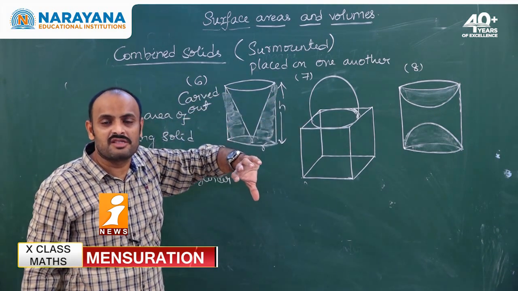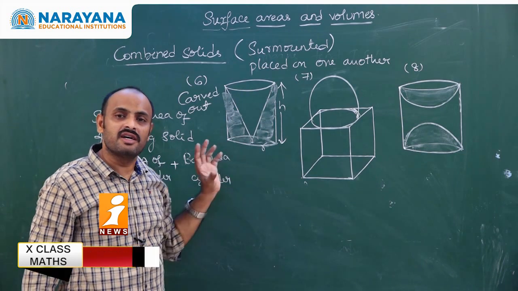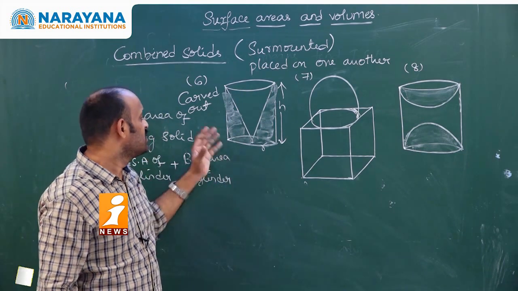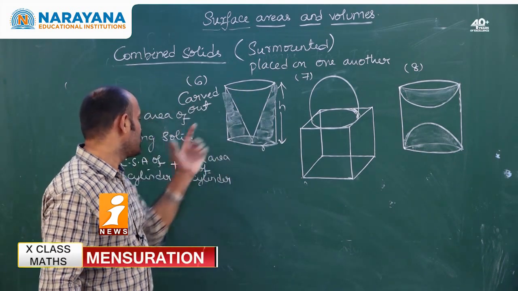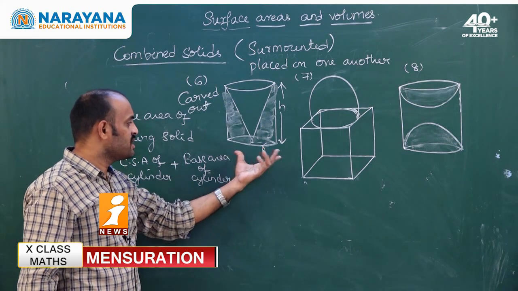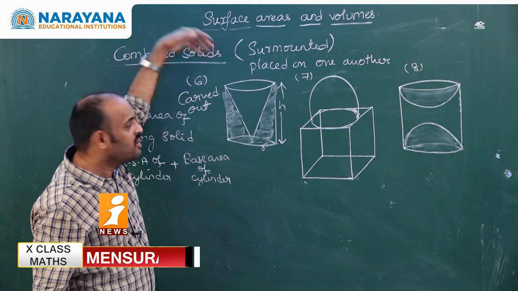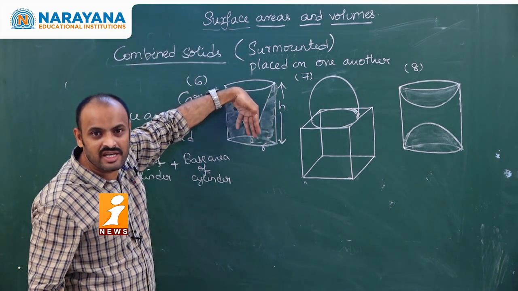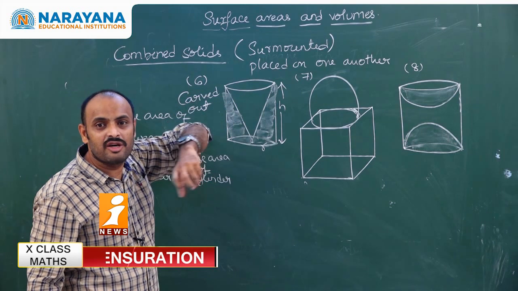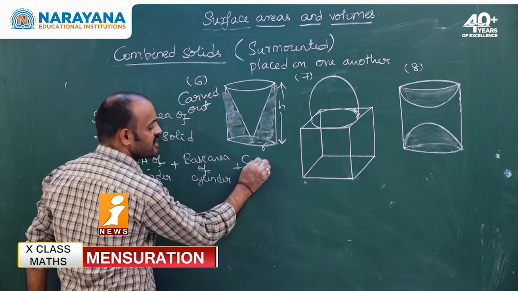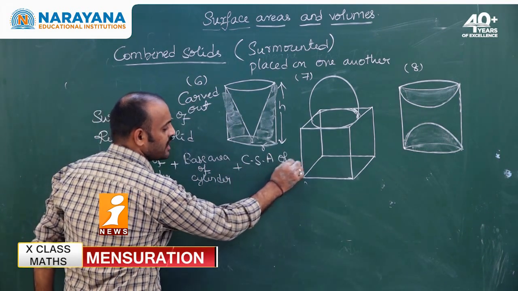Finding surface area means wherever surface is there, that surface should be added. I have seen the CSA of cylinder, so I have written it. I have seen the base area of cylinder, I have written it. As the top area is removed, if I keep my hand inside, I can feel the CSA of cone. So curved surface area of cone should be added.